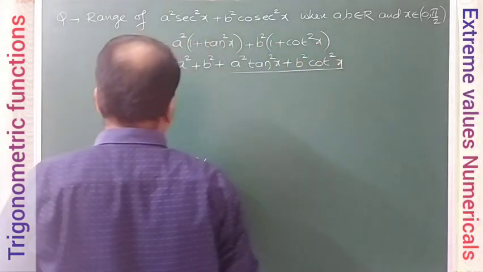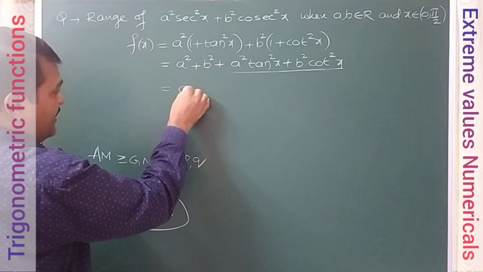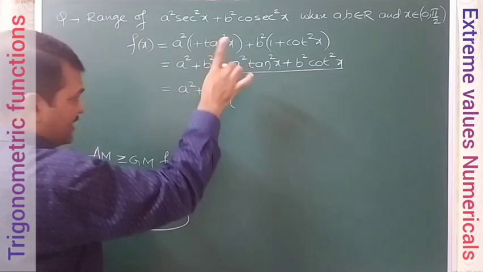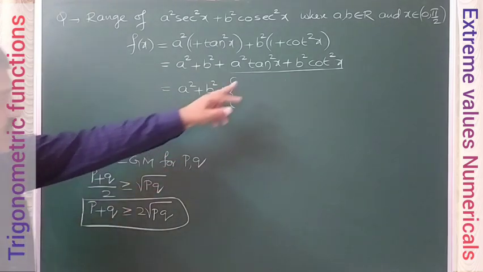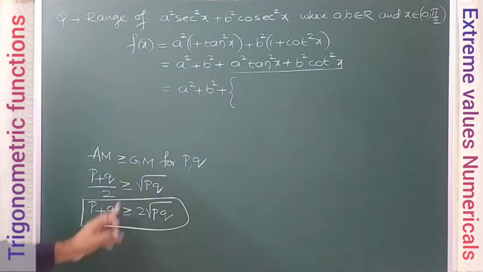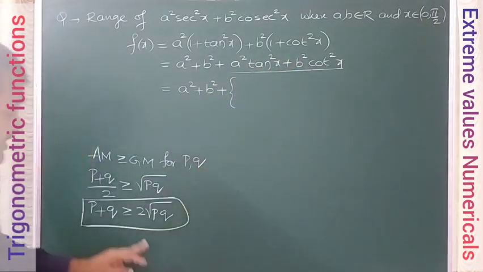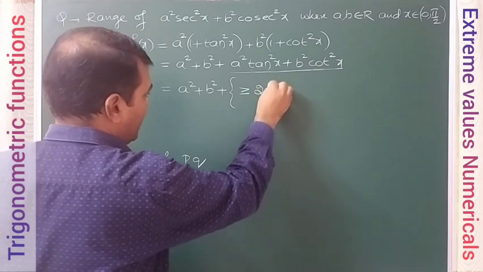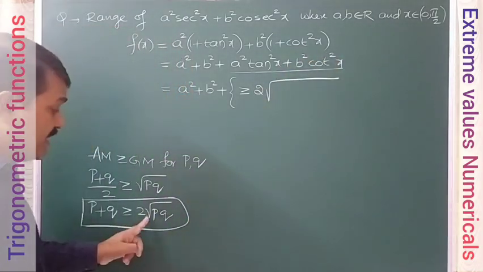So let me write here, a square plus b square plus, just observe, this is p, this is q, p plus q, greater than or equal to 2 into under root p into q.